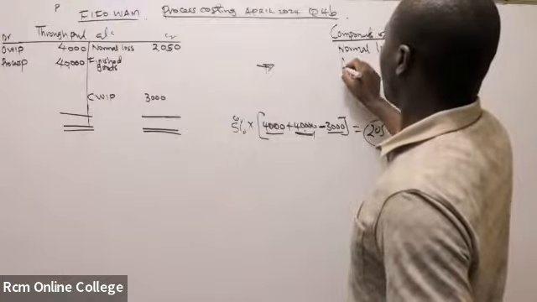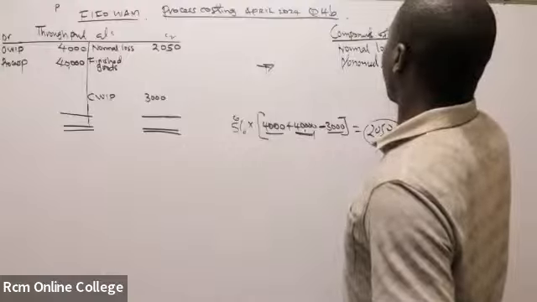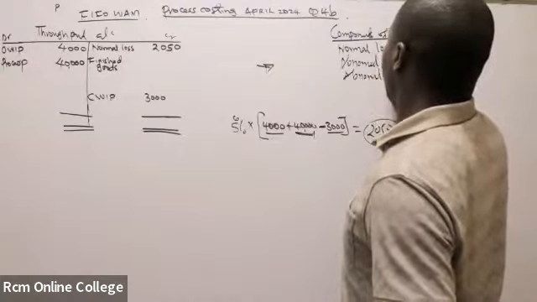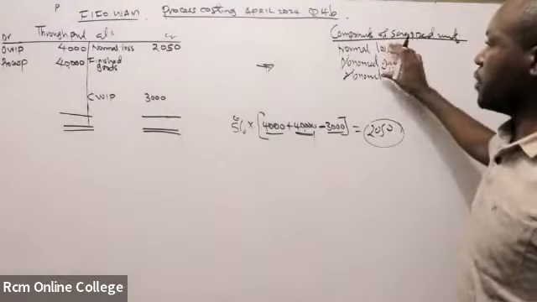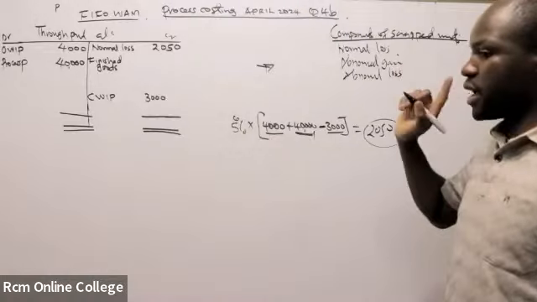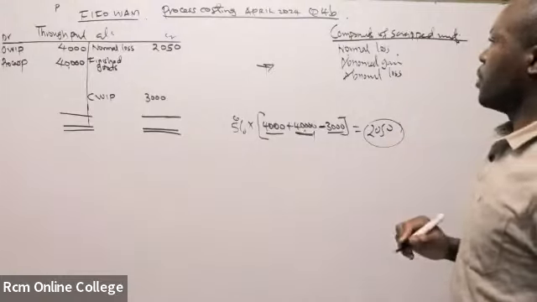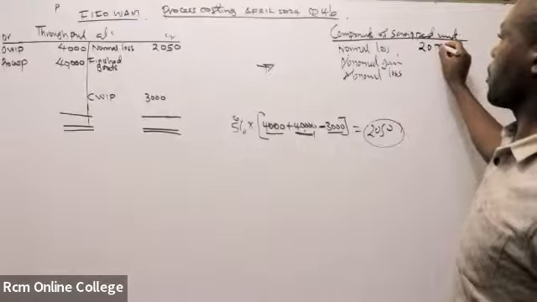Number 2, abnormal gain. Number 3, abnormal loss. Definitely, we cannot have abnormal gain and abnormal loss at the same time; we only have one of them at a time. So do we have normal loss? Yes, 20.50.